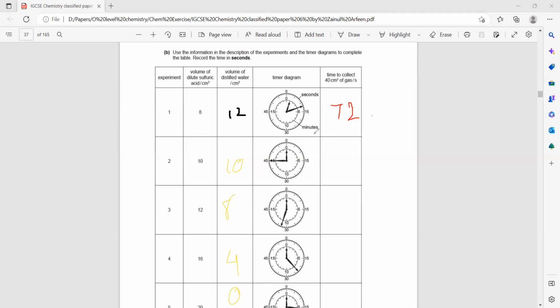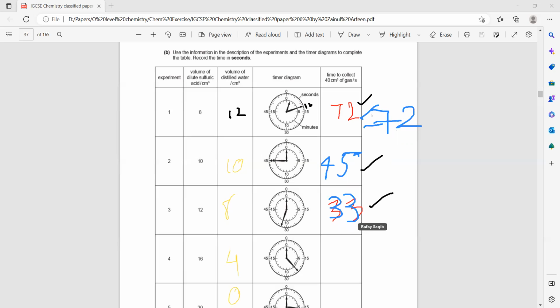And how to read this: this is representing a minute. So 1 minute and how many seconds? This is 12 seconds. So 1 minute is 60 plus 12, so that is 72. This is 0 minutes and it is at the 45-second mark, so this is 45. This one is 0 minutes and at what mark? 30, 31, 32, 33, so this will be 33.